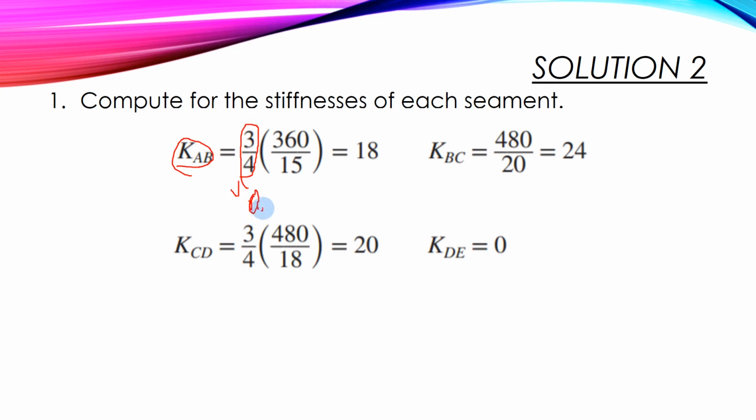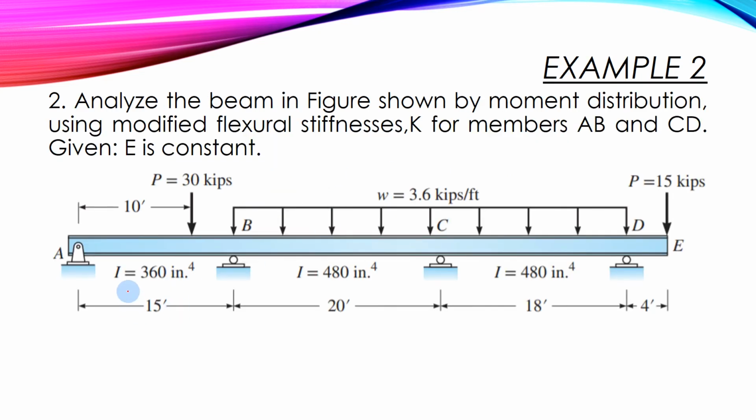The stiffness is I over L, so you use the I of AB and the L of AB. Here, I is not constant: it is 360 for AB, then 480 for BC and CD, in inches to the fourth, and L is 15 feet.